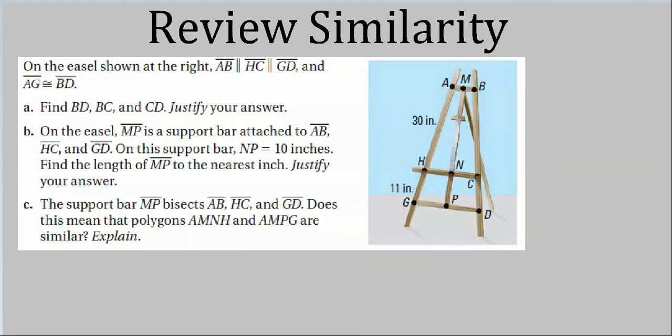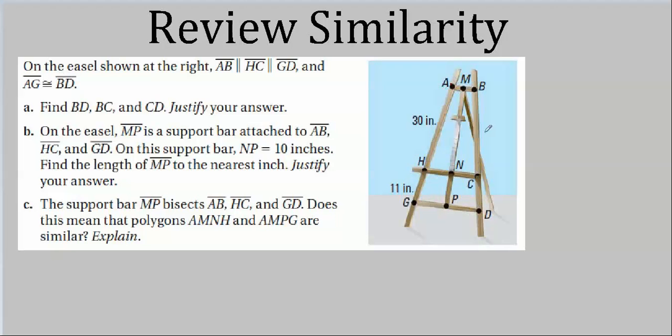And in this one, they tell us a whole bunch of stuff. AB, that's this here, is parallel to HC, that's this piece here, and GD, that's this piece across here. So we've got these three parallel line segments. We have AG is congruent to BD.